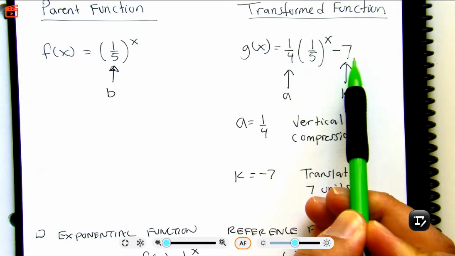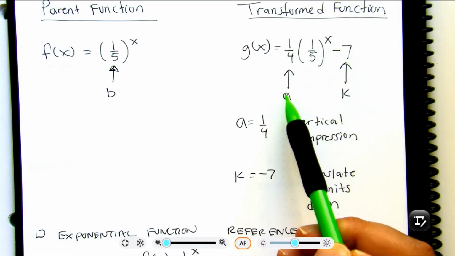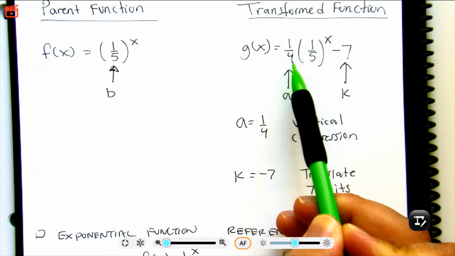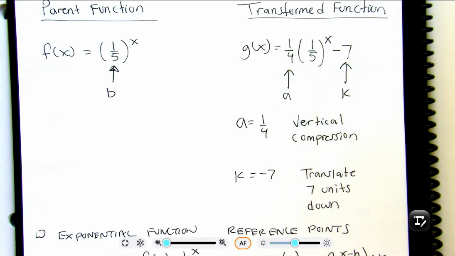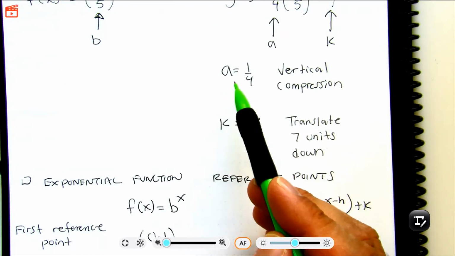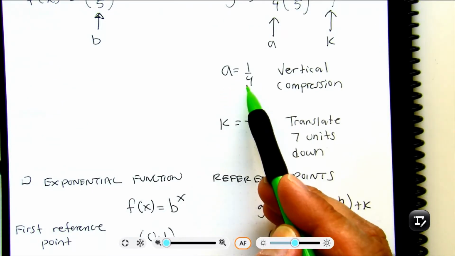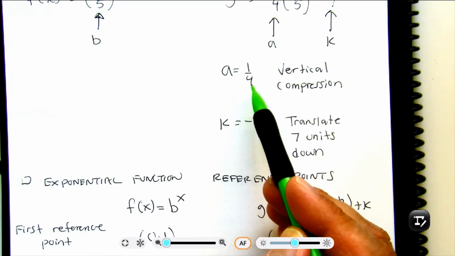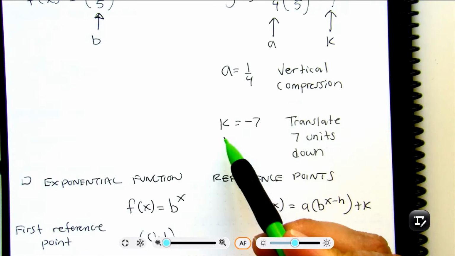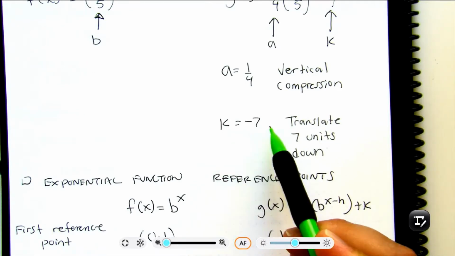A is a fraction. A is 1/4, and k is -7. So looking at the rules, what happens when a is a fourth? When a is between 0 and 1, that is considered a vertical compression. When k is negative, so k is -7, we're translating 7 units down.